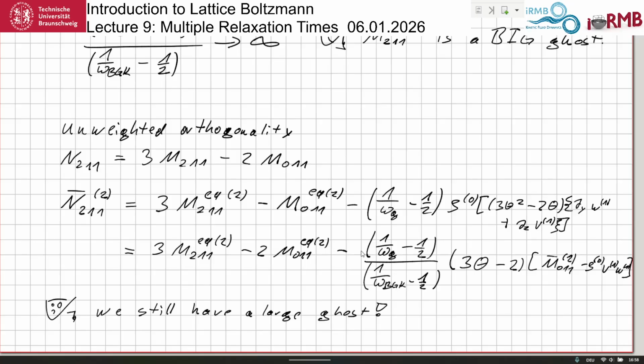That will not work because it has negative damping. So it's a very, very delicate model and not good at all. By the way, D3Q19 works very well because it does not have this moment. This is why it works.